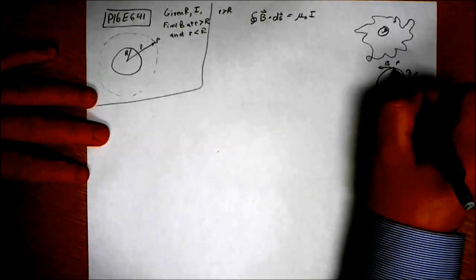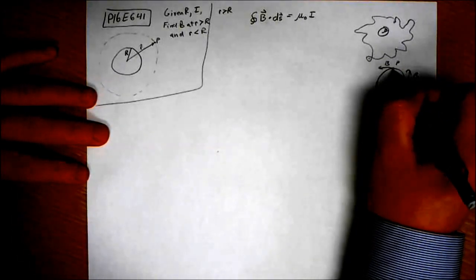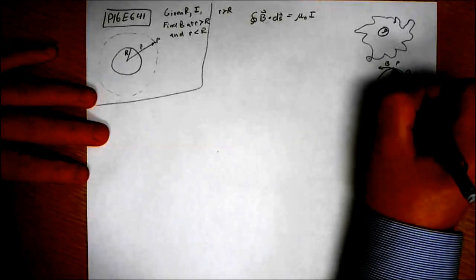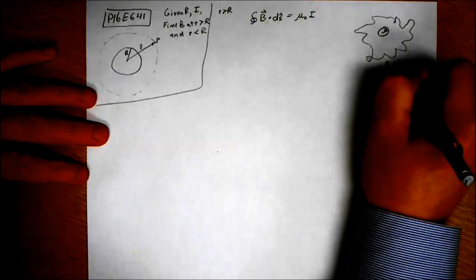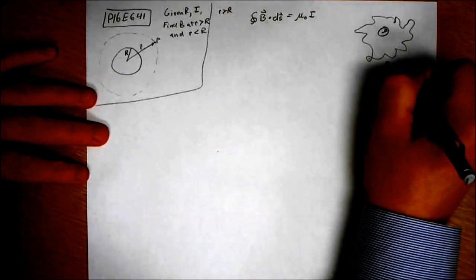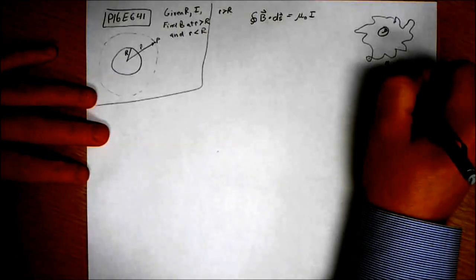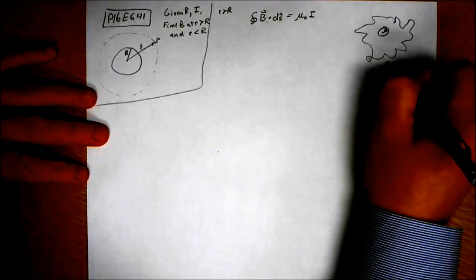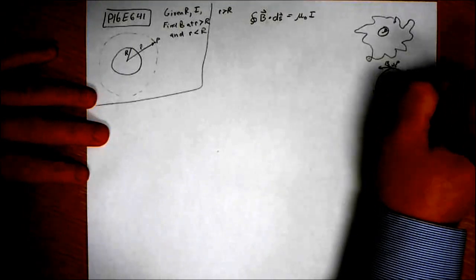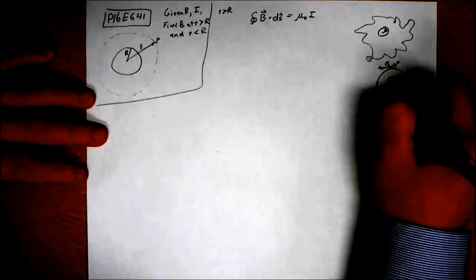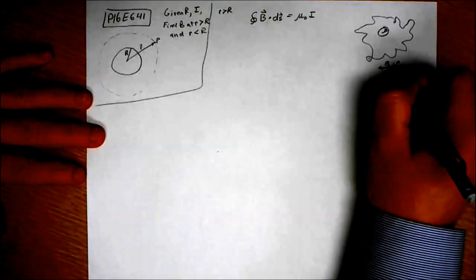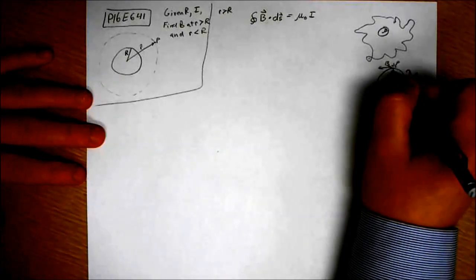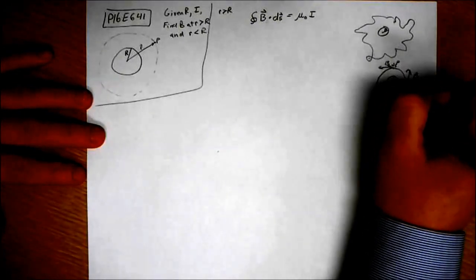So as I move all along this path, the direction of ds, the little segment of the line as we move around that closed loop, is always going to be in the direction of B. And B will be constant at every point along that circle.